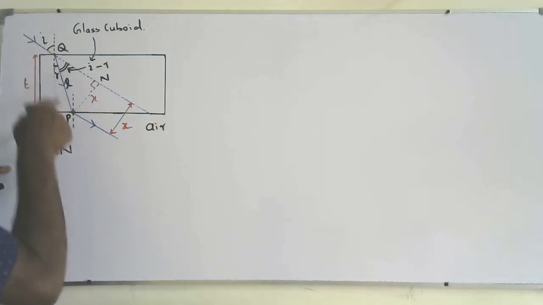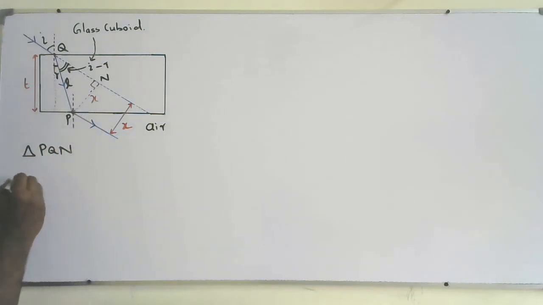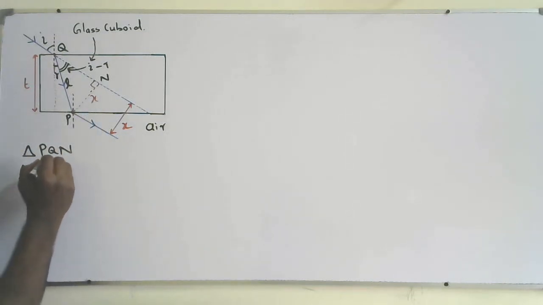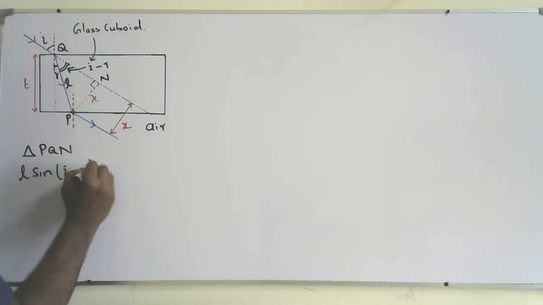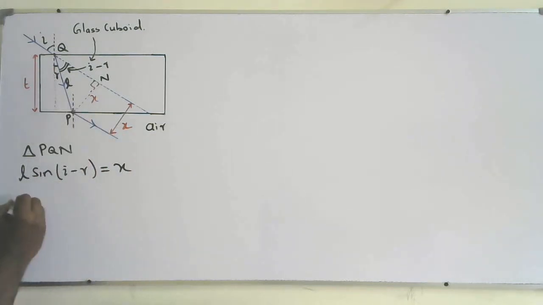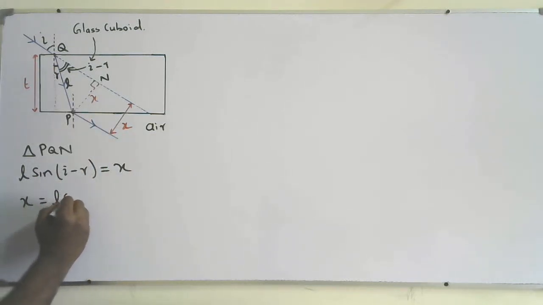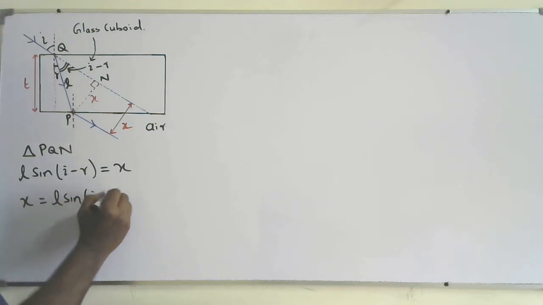So in the triangle PQN, I can say L sin(I minus R) is equal to X. That means X equals L sin(I minus R).